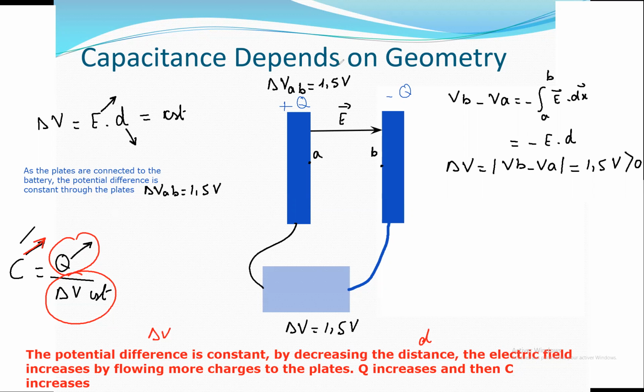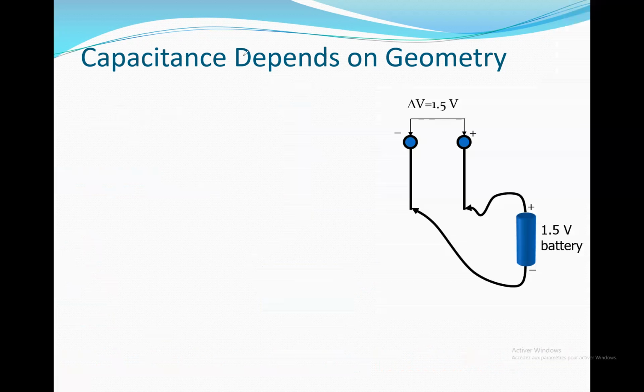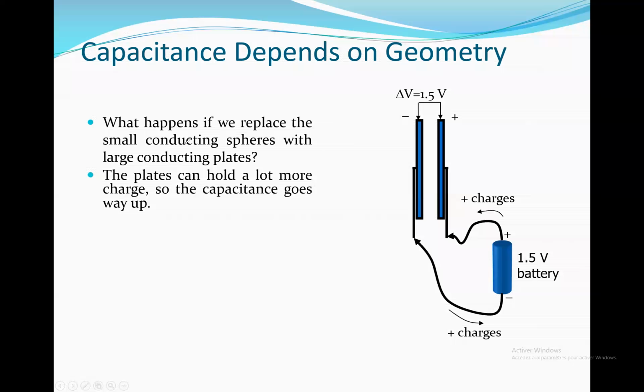Now let us take another case. What's happening if we replace the small conducting spheres with large conducting plates? We had before two small conducting objects, and we want to put in their place large plates. In this case, the plates can hold a lot more charge.